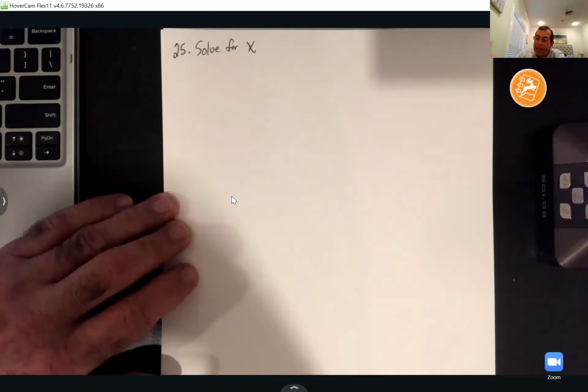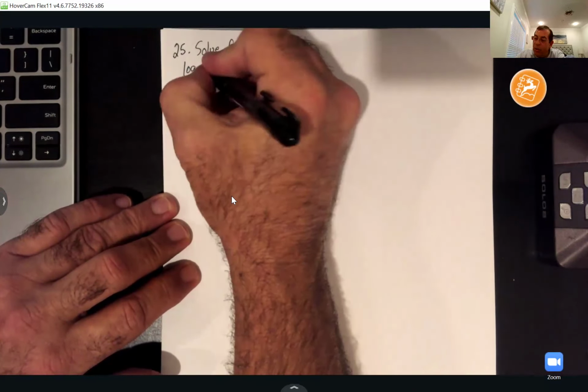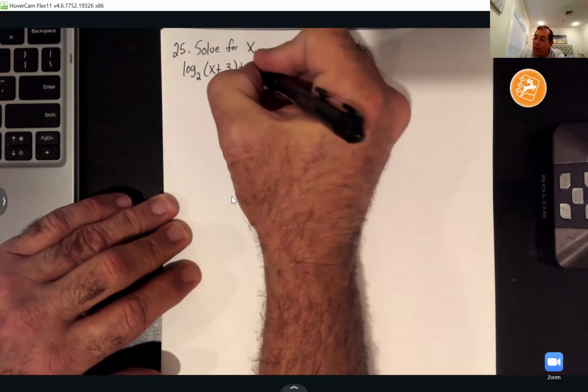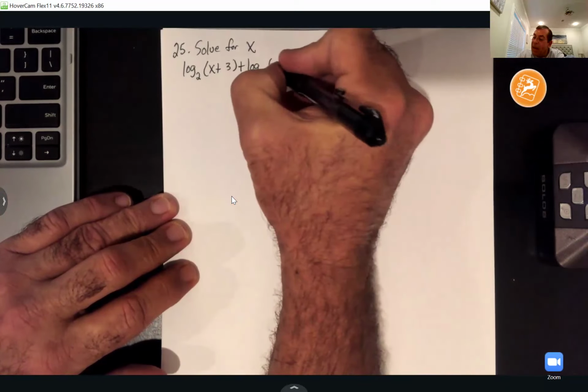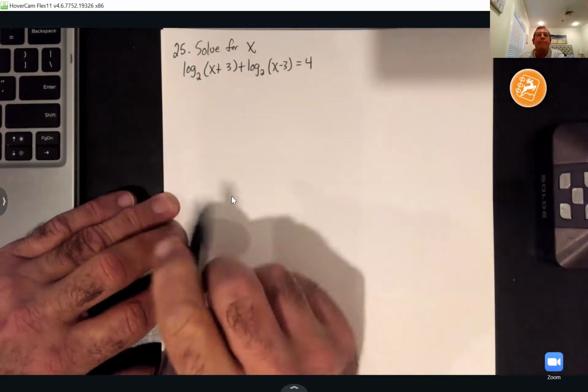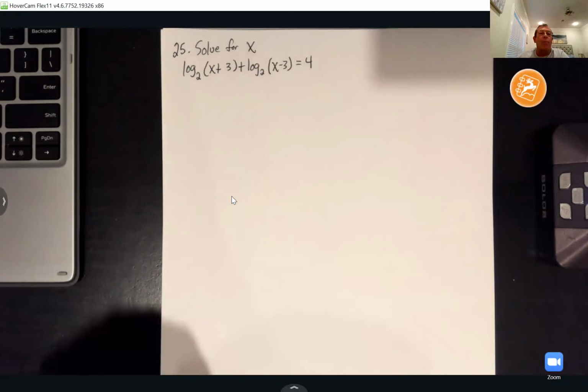All right, let me see what I got here. Oh, I got log base 2 of x plus 3 plus log base 2 of x minus 3 equals 4. Victoria, this is the last one, number 25.